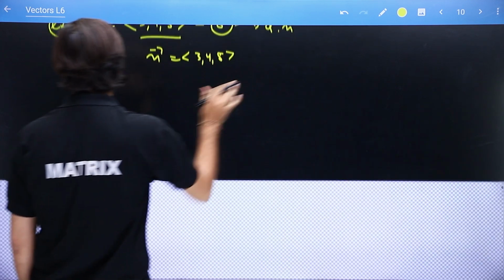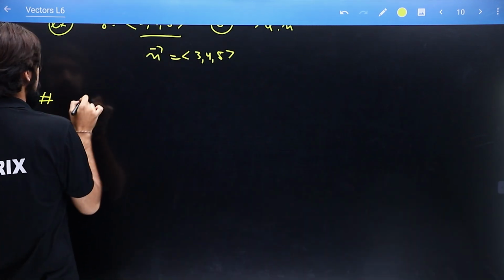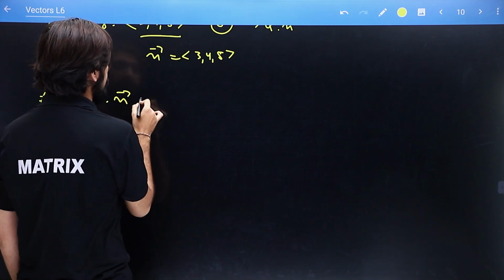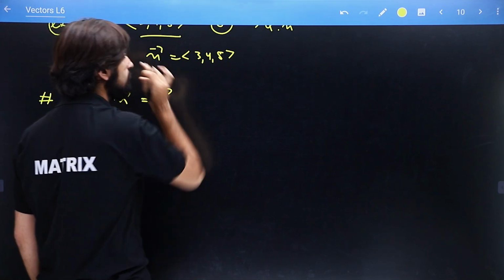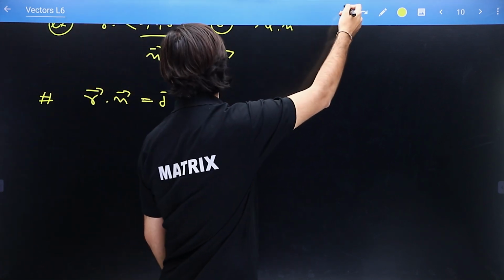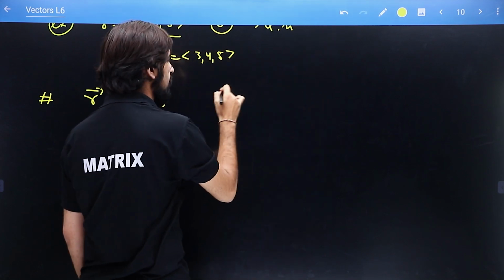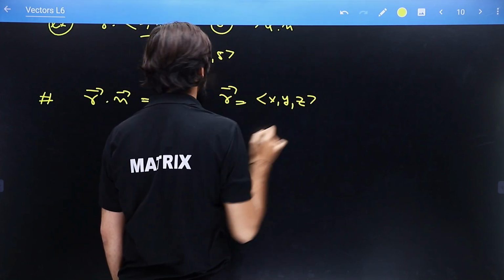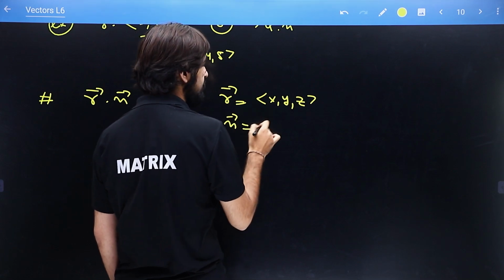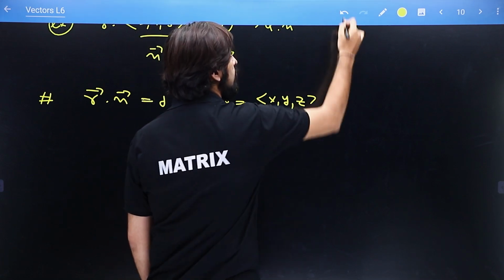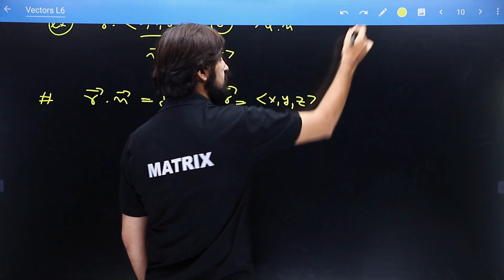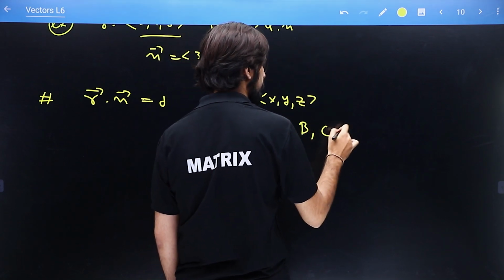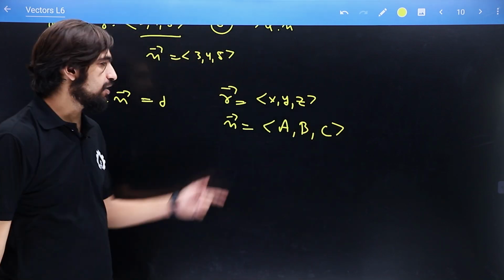So now what you got? Plane's equation: R dot n equal to d, not vector d, d is a scalar. What was R? R was (x, y, z). What was n vector? Let's say it is (A, B, C), capital A, capital B, capital C. What is ABC?